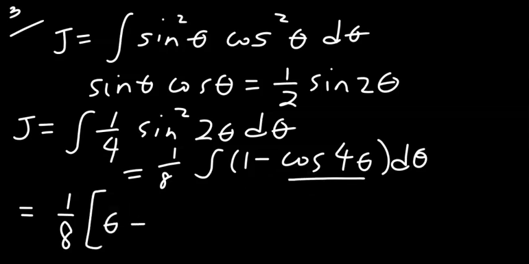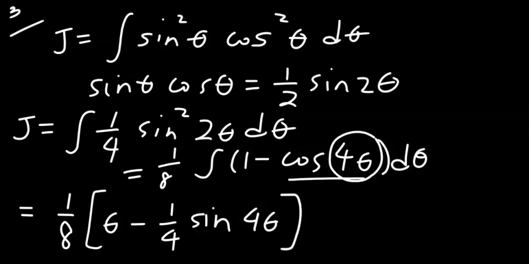Integrating cosine 4 theta with respect to theta, first you differentiate 4 theta with respect to theta, you get 4 and you write it below. Then integrating cosine, you get sine 4 theta plus an overall integration constant C. And that's the desired result.